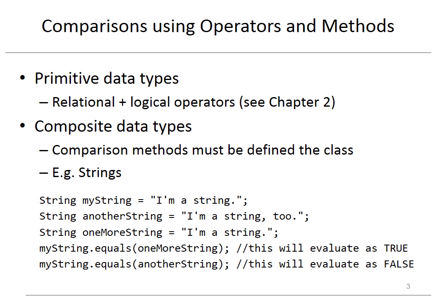Comparison operators and methods have already been discussed in Chapter 2. Remember, for primitive data types such as int, long, double, etc., you can make use of relational operators to verify if one operand is bigger, bigger than or equal, lesser, lesser than or equal, equal or not equal to another operand.